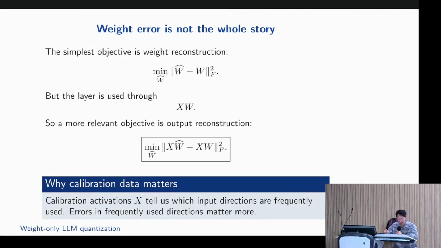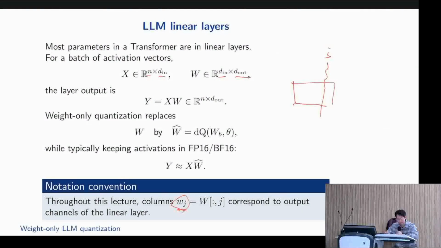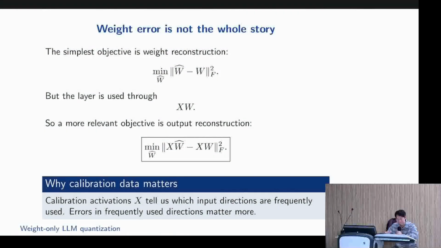Okay, so what is a good reconstruction objective? Besides just rounding, one thing you can do is to minimize the reconstruction error. This is the original full 16-bit number. This is the dequantized reconstructed version. And this would be one sensible thing to do.